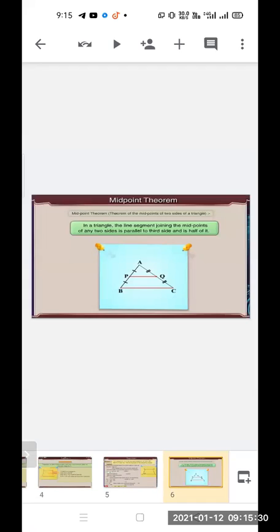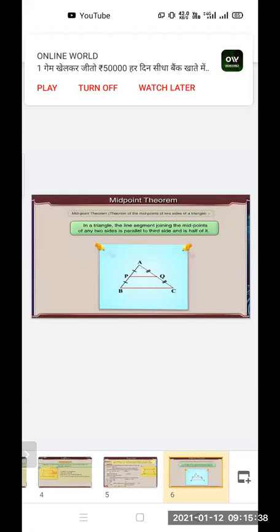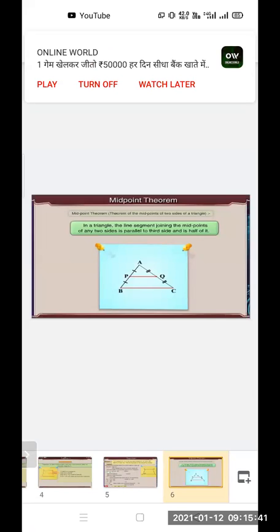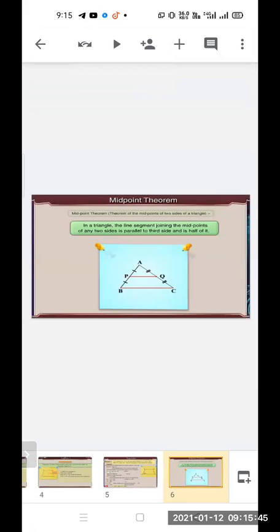So children, in a triangle, the line segment joining the midpoints of any two sides. In triangle ABC, here is the segment joining the midpoints.